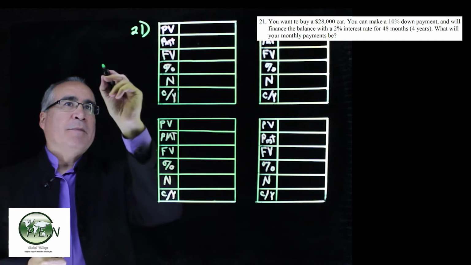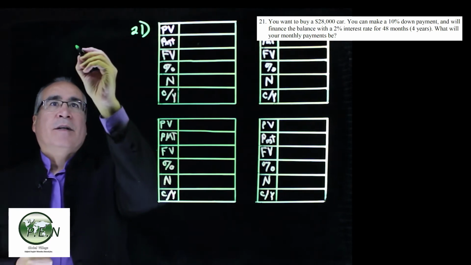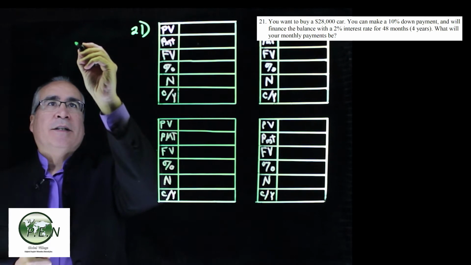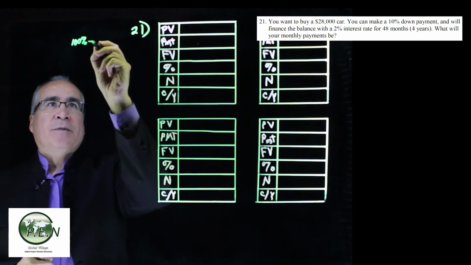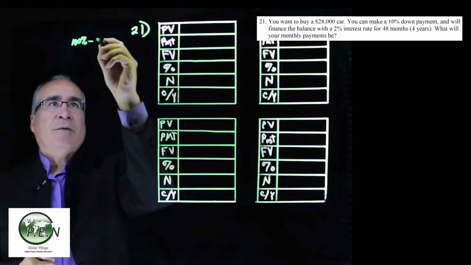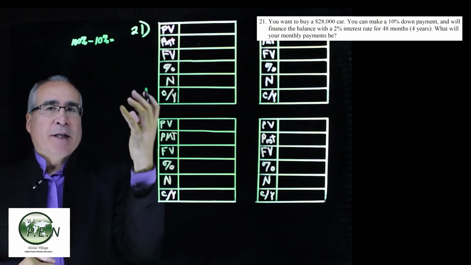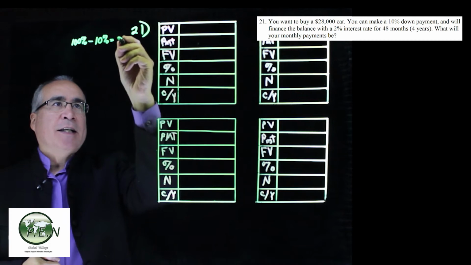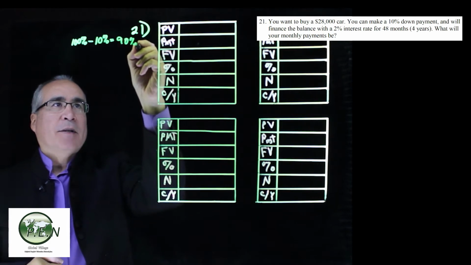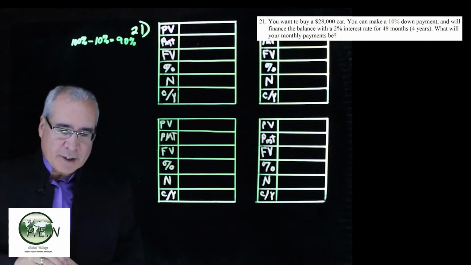Remember, if we're going to put 10% down, the cost of the car is 100%. We're going to reduce that by putting 10% of our own money down, and then we need to finance how much? 90%. Now remember, this comes from chapter 4 on percentages.